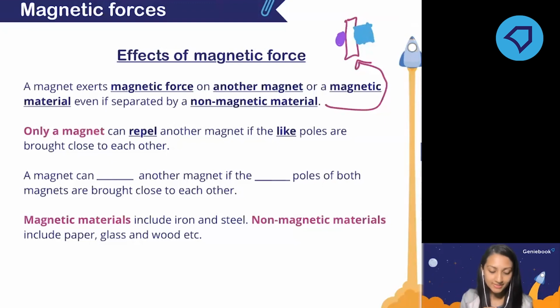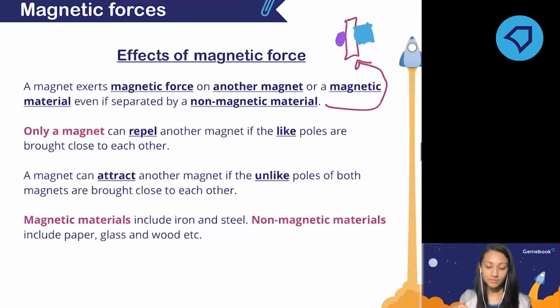And then another statement: a magnet can what another magnet? Can attract another magnet if the what poles? Edna said unlike poles. Yes. So use this term. Like, unlike, repel, attract. These are very important terms you need to include.